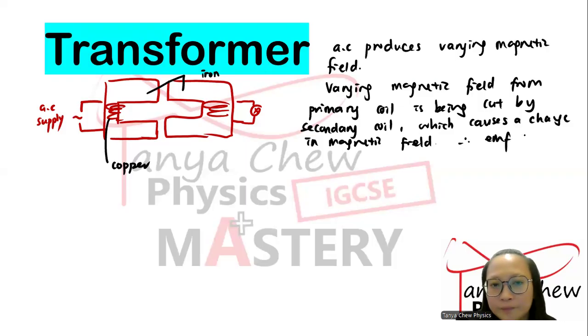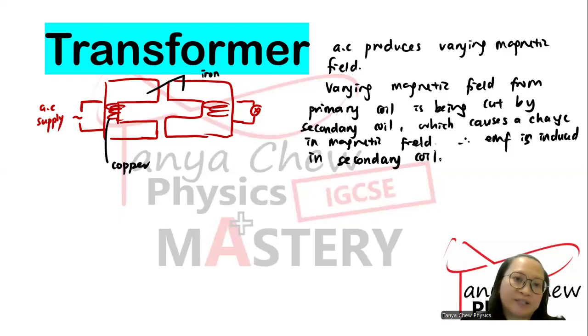Therefore, EMF is induced in the secondary coil. So if you talk about the light bulb, it will light up.